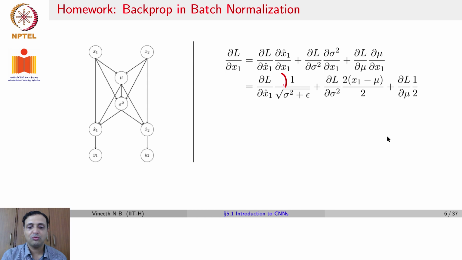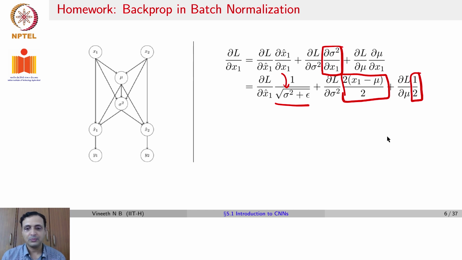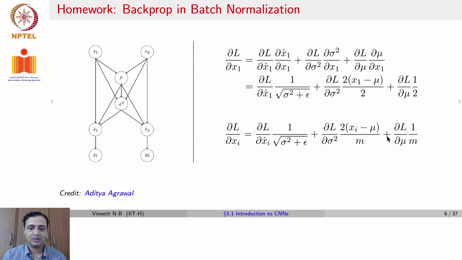So this one follows as it is, ∂x1hat/∂x1 by, once again, the definition of x1 hat, you will get it to be this term. ∂σ²/∂x1, once again by the expansion of sigma with respect to x1. Now you don't need to worry about the x2 term, so you'll have only one gradient term here. You get this. And finally, ∂μ/∂x1 would simply be 1 by 2 here, by definition of mu and how it's connected to x1.